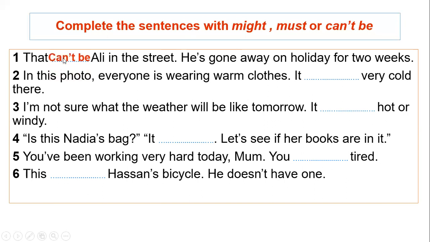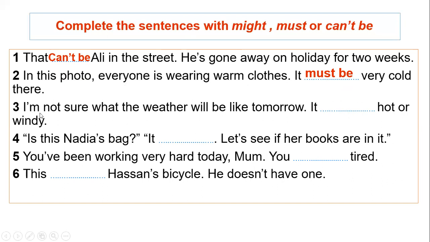So the answer is can't be, because we're sure that something is not true. Number 2, everyone is wearing warm clothes. It's something very cold there, because we're sure that the weather is cold there. We use must be.